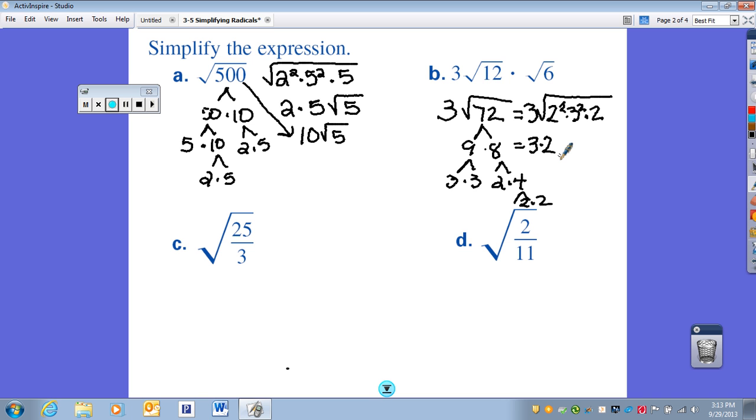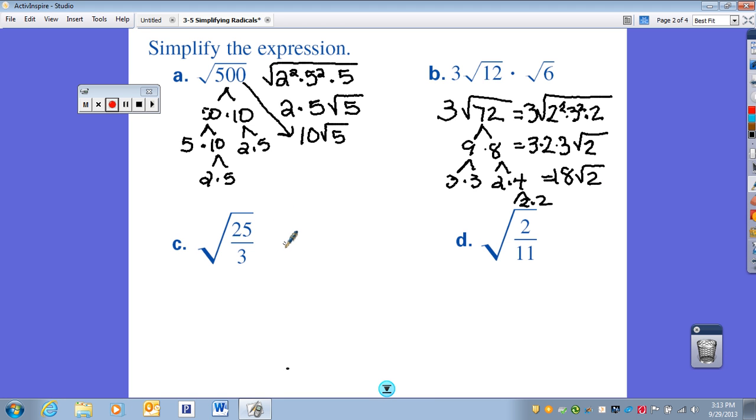The square root of 3 squared is 3, and I'm bringing these out as factors, so this will all be multiplication. And I can't simplify the square root of 2 any further. So I will multiply the coefficients together. 3 times 2 is 6, times 3 would be 18. So our final simplified answer would be 18 square roots of 2.